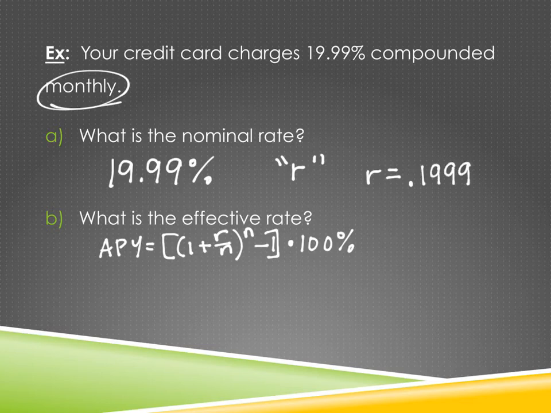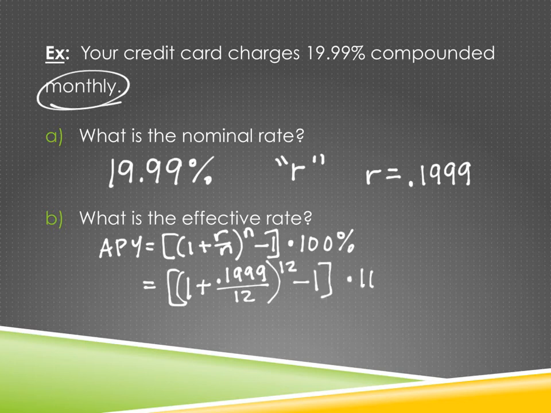Move the decimal point to the left. So over here, I now have 1 plus 0.1999 over, what is N? 12. It's compounded monthly, so it's 12. I raise this to the power 12, subtract 1, multiply by 100.